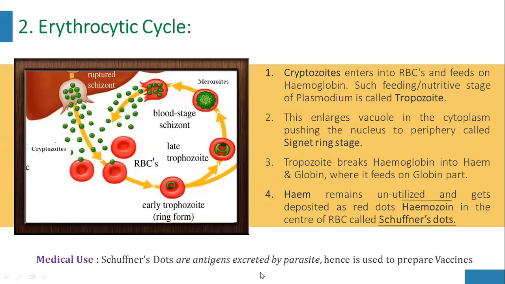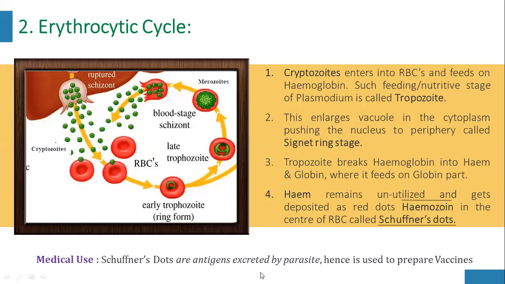In the blood, cryptozoites entered the RBCs and started feeding on the hemoglobin. Such a feeding stage is called trophozoite. Because of this, vacuole size increased. The nucleus of the trophozoite was pushed to one corner, which looks like a ring-like structure called signet ring stage.